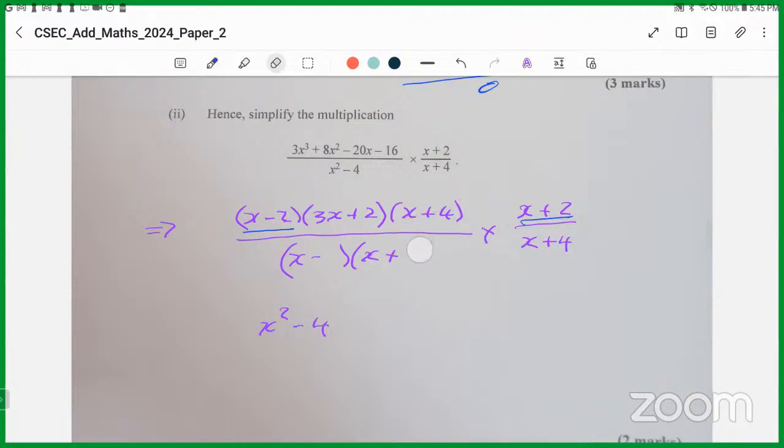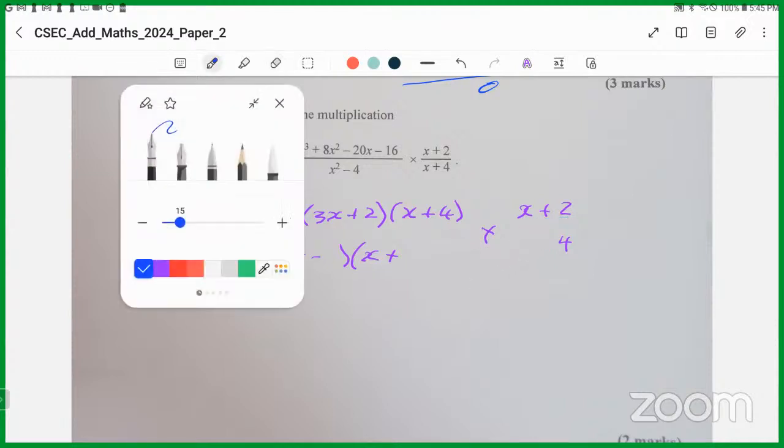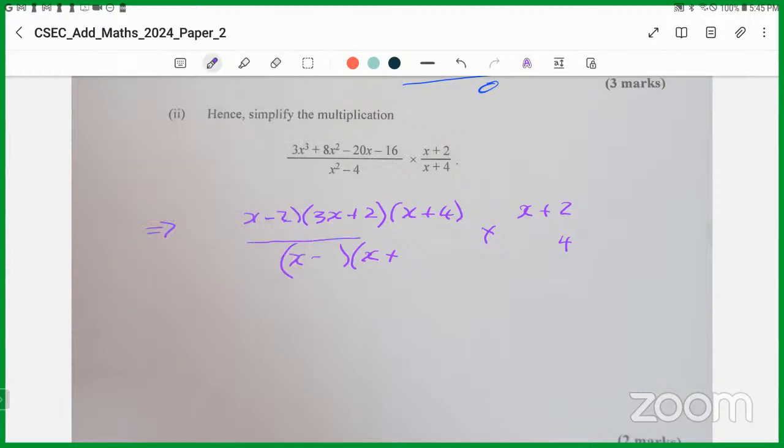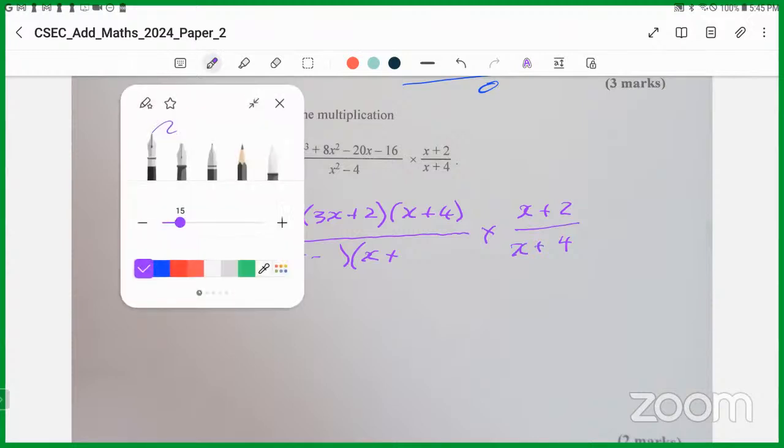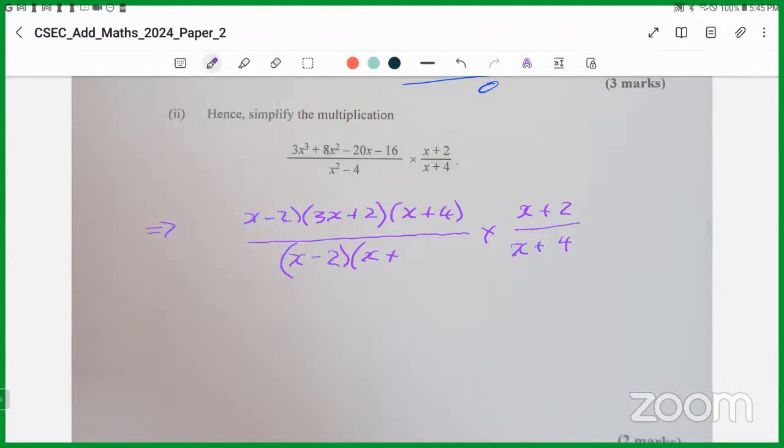That's why I wasn't seeing it. All right, x plus 4. So this is 2 and 2, right? All right, now it makes sense.